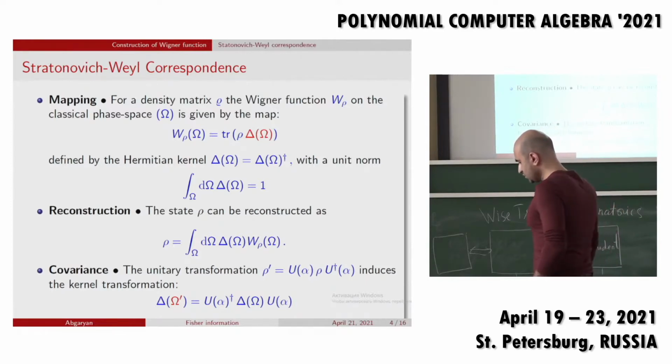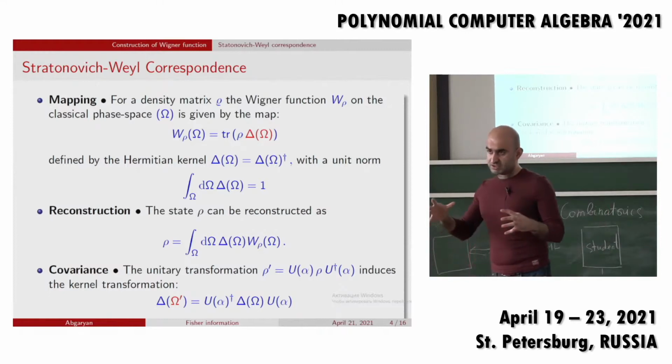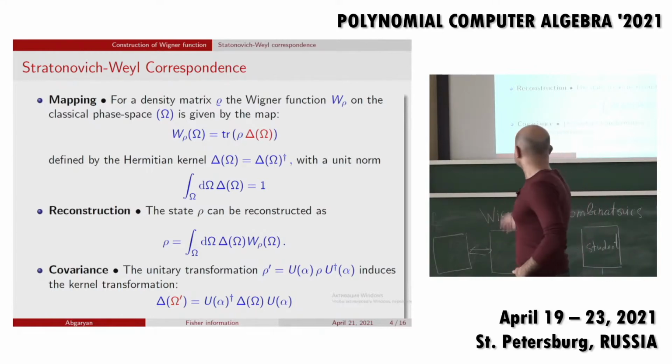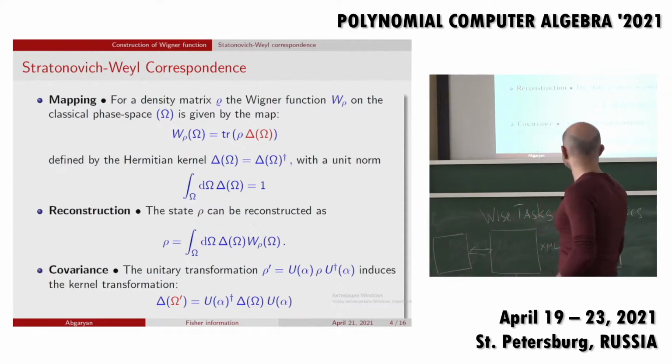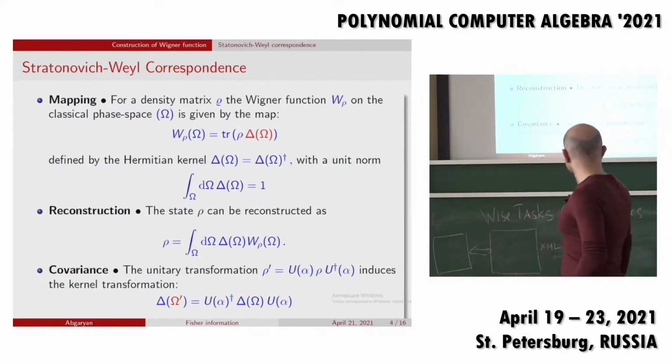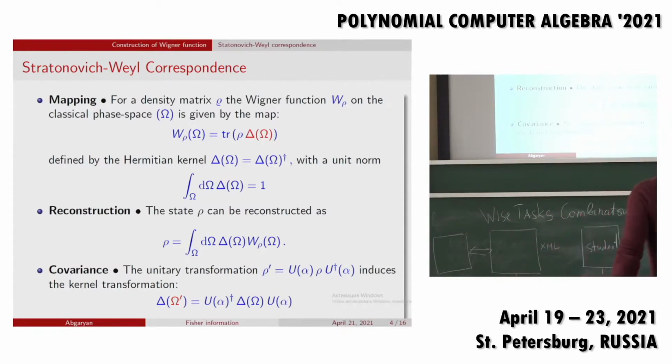Then the reconstruction postulate, which says that if we constructed a probability density function for a given state, by the same kernel we can perform the quantization, and recover from the given Wigner function the state itself. The next property is called covariance, which means that to a unitary transformation of a state corresponds a backwards transformation of the state space itself. You can see the definition by the formula here.